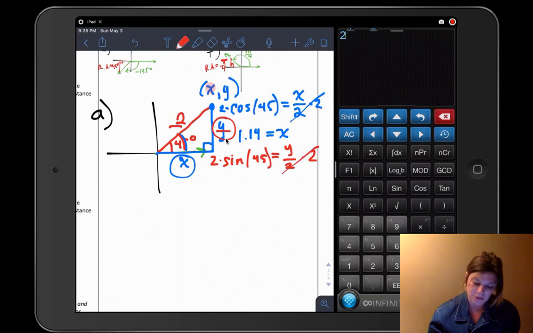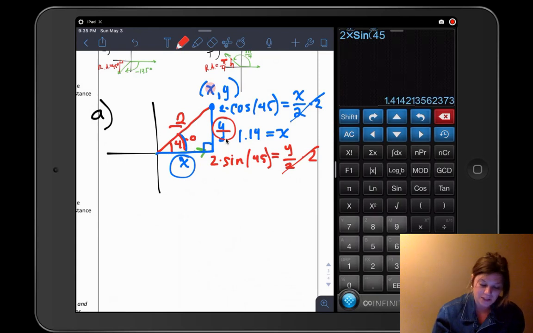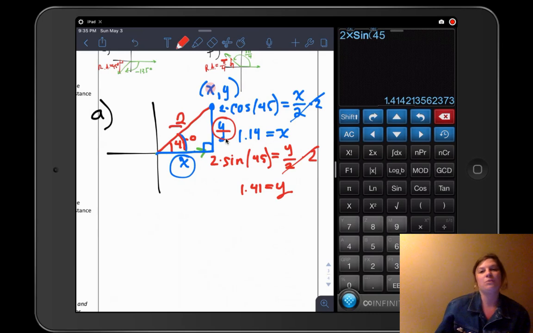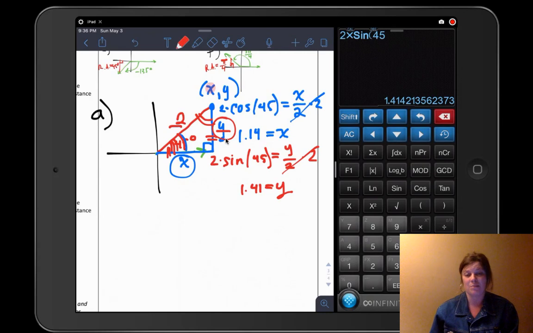We get 2 times sine of 45 is equal to, and you get the same thing. You get 1.41 is equal to y. And the reason why you always get the same thing when you have a reference angle of 45 degrees is because isosceles triangles, right? They have the same angles and they also have the same side. So if you could start to pick up on that pattern, it might save you a little bit of math.